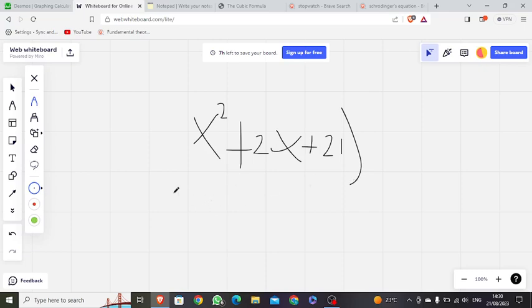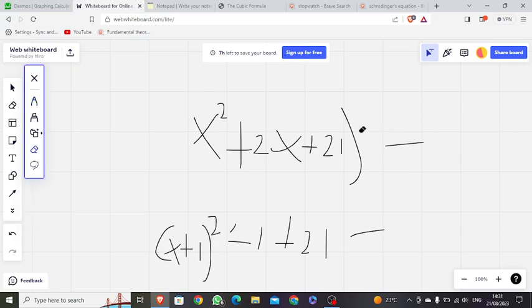Part of the expression is going to be x plus 1 squared, but this is not the complete equation. Then we add minus 1 and add 21. And this equals 0, by the way.